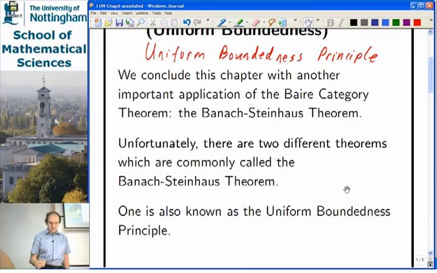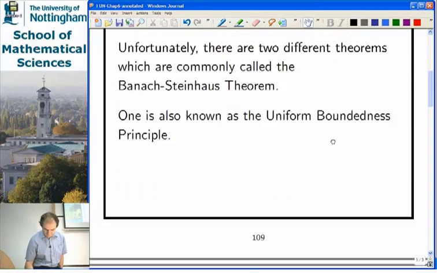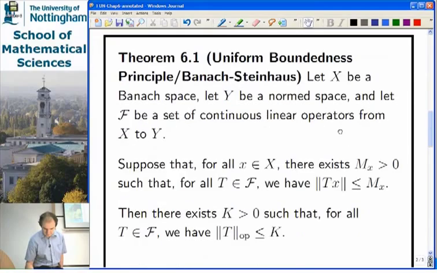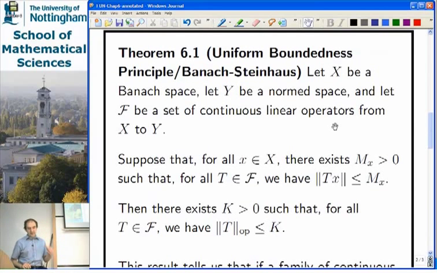But the stronger of the two is called the uniform boundedness principle, and the other one is a corollary. So here's the uniform boundedness principle. It's again a result about Banach spaces, but this time only X has to be a Banach space and Y doesn't.